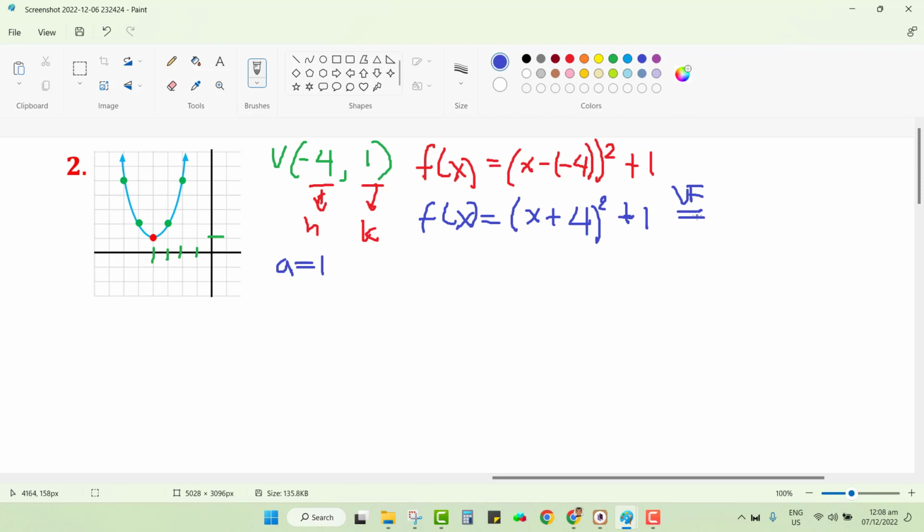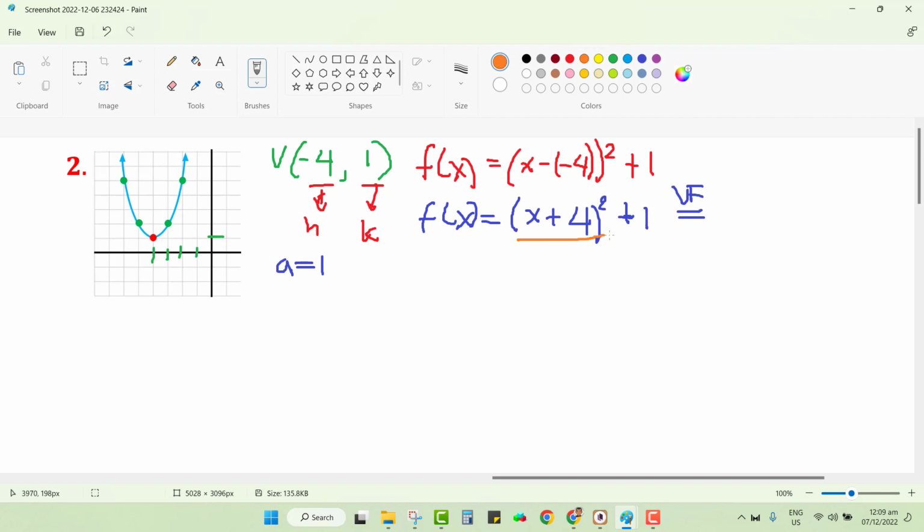But we are not just asked about the vertex form; we are asked to use this vertex form in order to get the standard form, one of the possible standard forms of the quadratic function having the vertex negative 4 and 1. So let us go further.